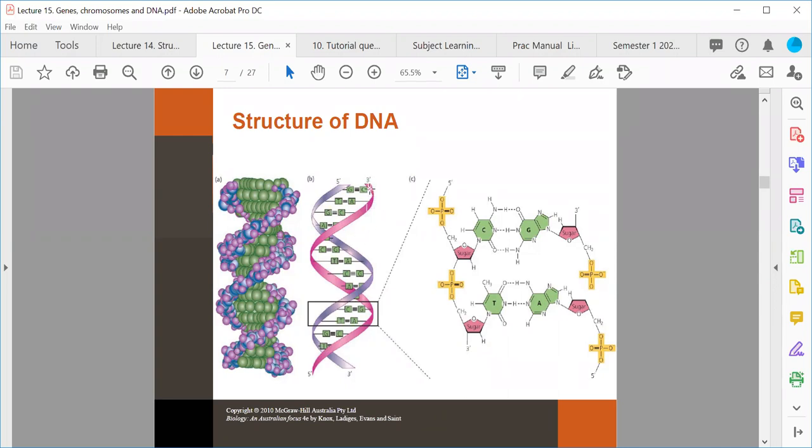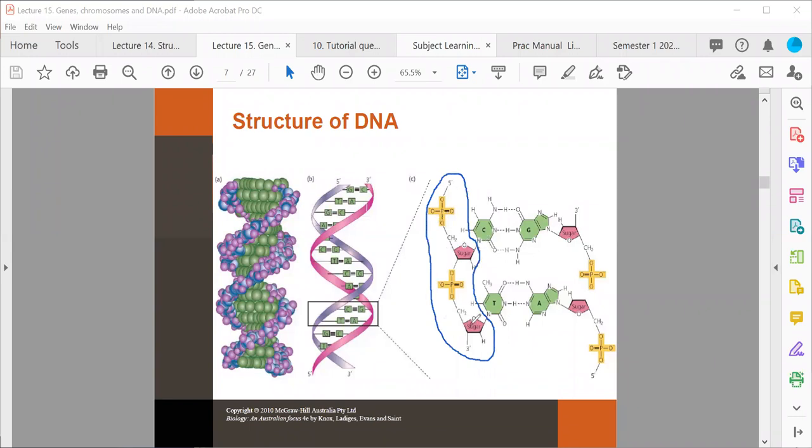So what are we looking at here? What is the ribbon actually representing? The ribbon represents what's called the backbone of the DNA. And the ribbon consists of the sugars and the phosphates of the nucleotides.